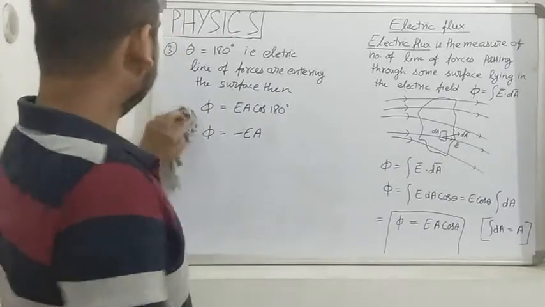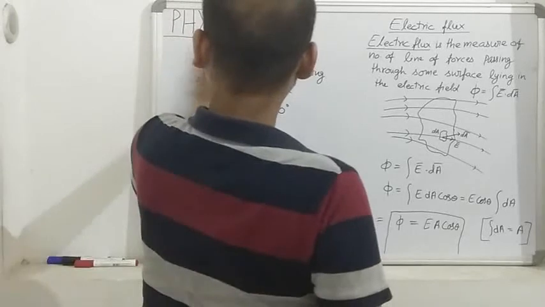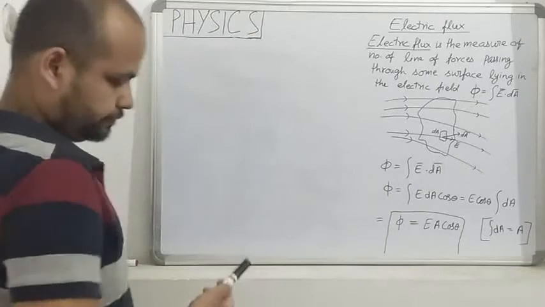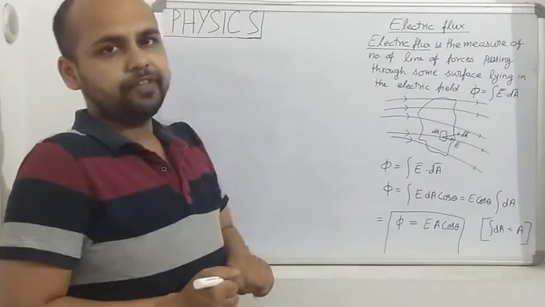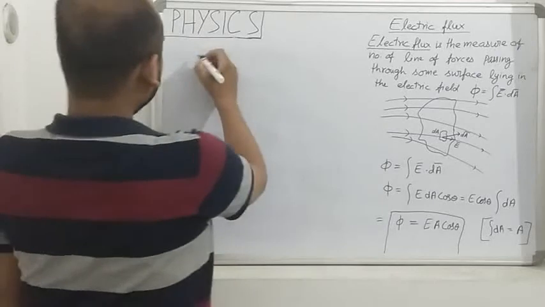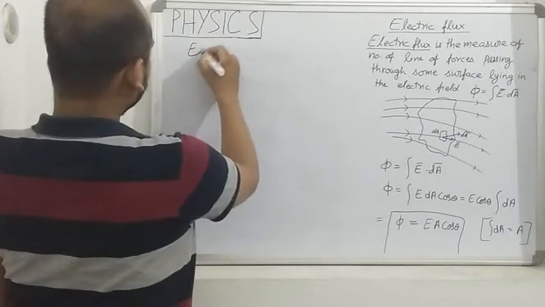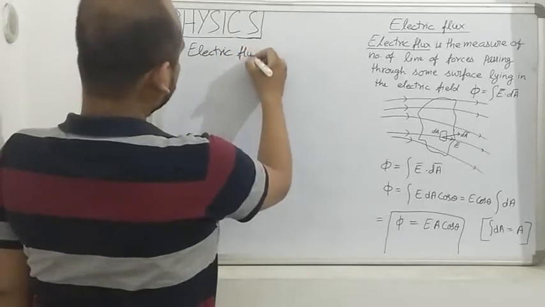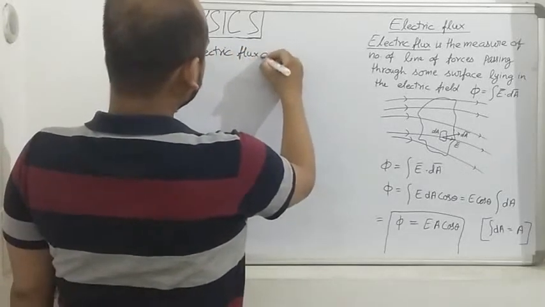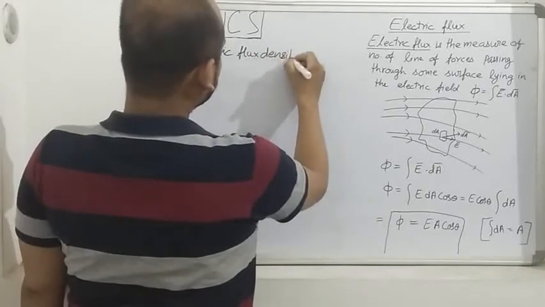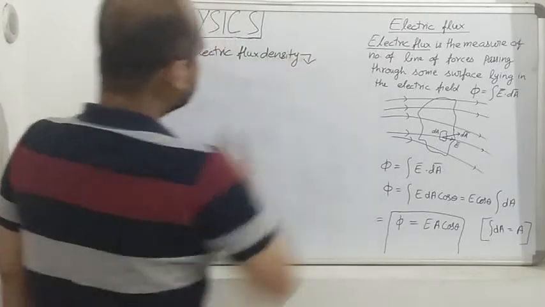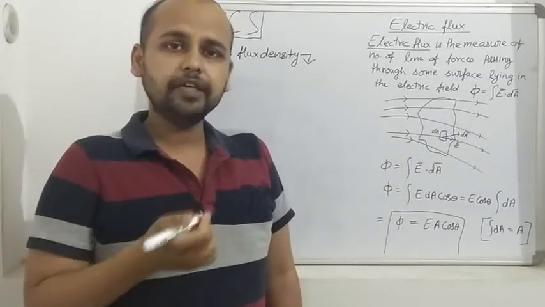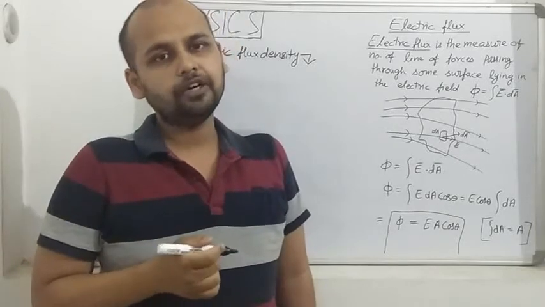Now I'll take the next topic, electric flux density. Electric flux density. What is that? Electric flux density is the ratio of the electric flux to the total area of the surface.